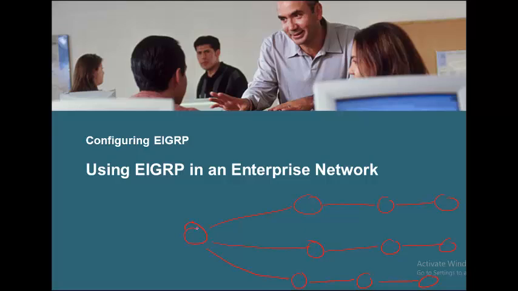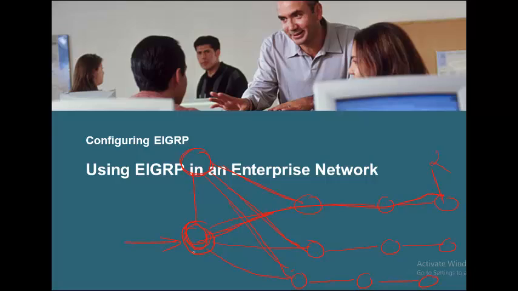Now to reach this network here, alpha, the traffic coming here may go this way, or sometimes this way, depending on the bandwidth here. When we have a hub and spoke design, there are some important considerations, which we are going to learn in this chapter.